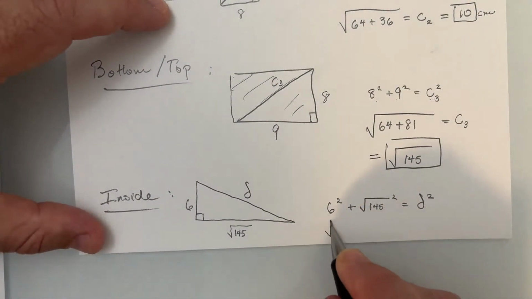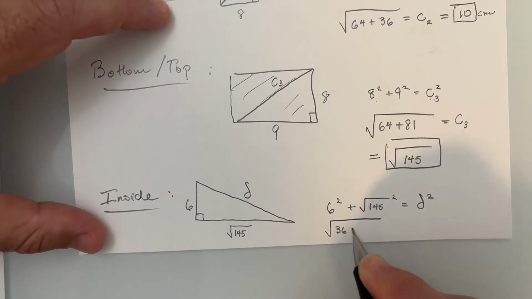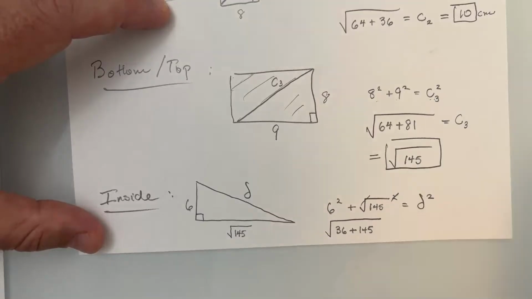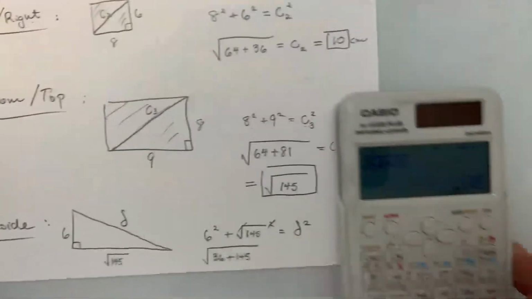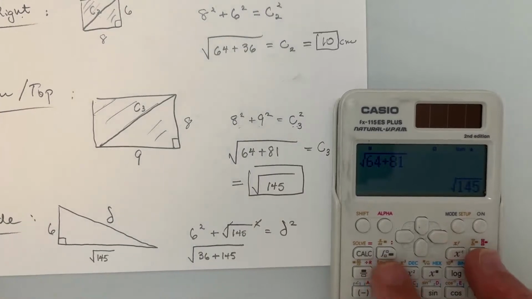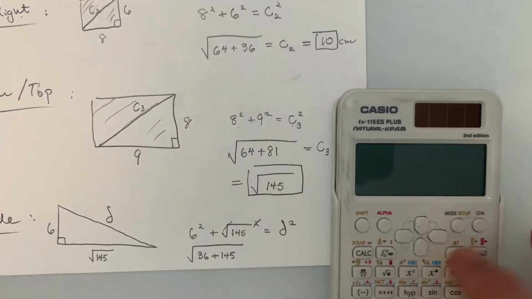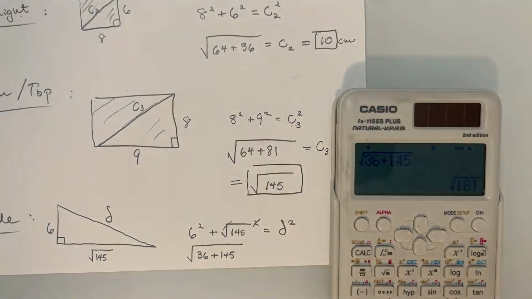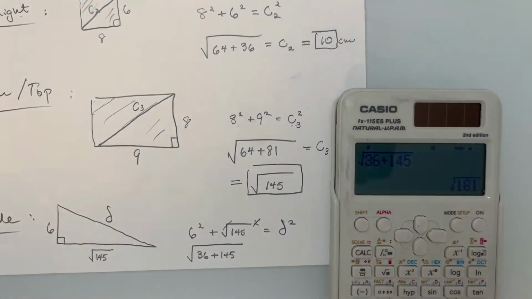So we have the square root of 36 plus 145. These things are just eliminating. So square root 36 plus 145. I'll just leave it this way, root 181.